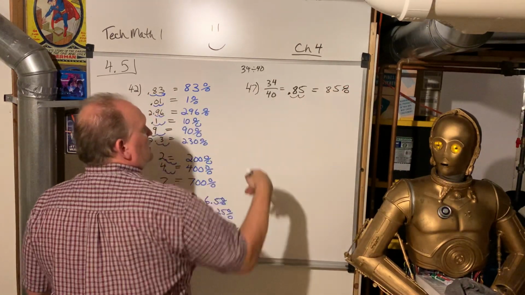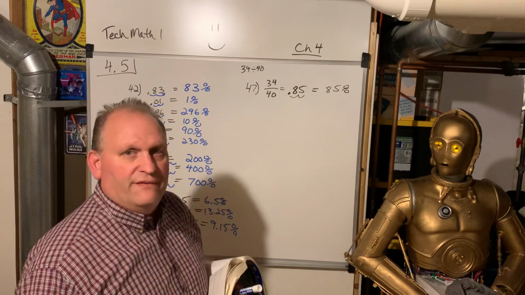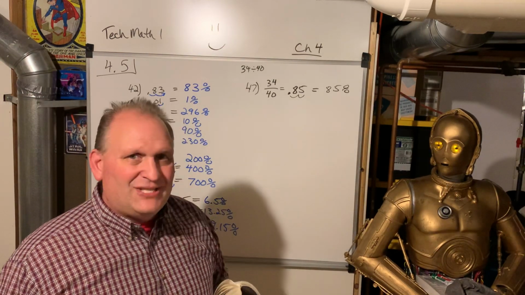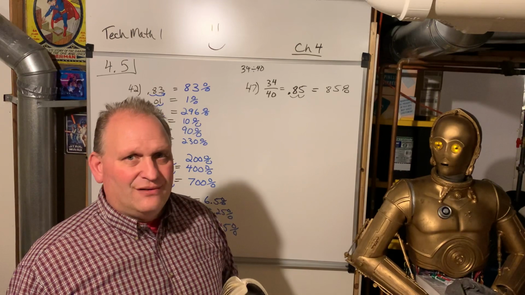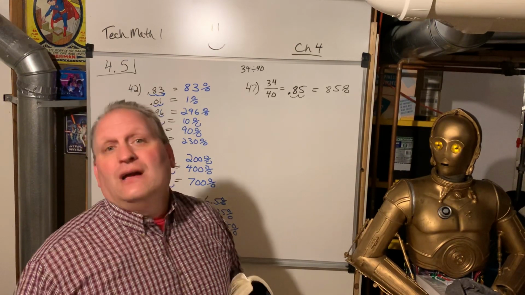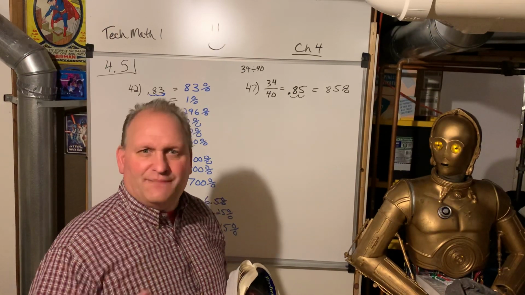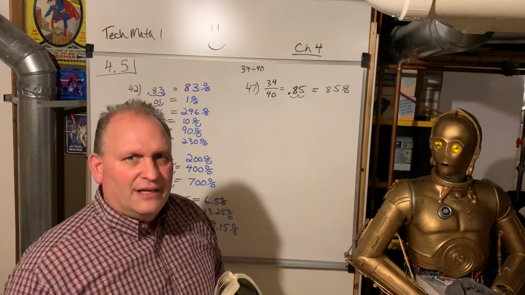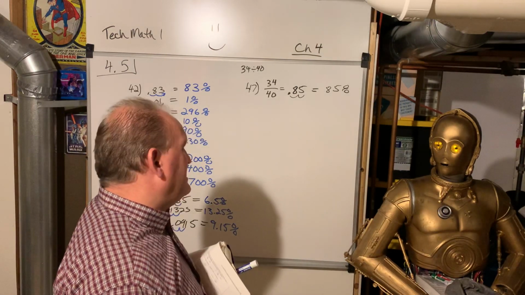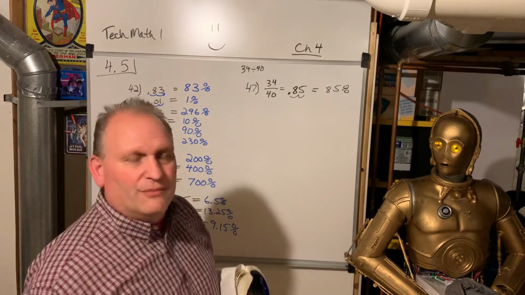So 34, if you say, wow, 34 out of 40 people love this movie, a lot of times that doesn't resonate with anybody. They don't know what you're talking about. But if you say 85% of the people love that movie, people kind of understand. They get a better concept of how many people like the movie. Like 34 out of 40, I think most of us get an unrealistic picture in our mind that sounds like almost everybody.